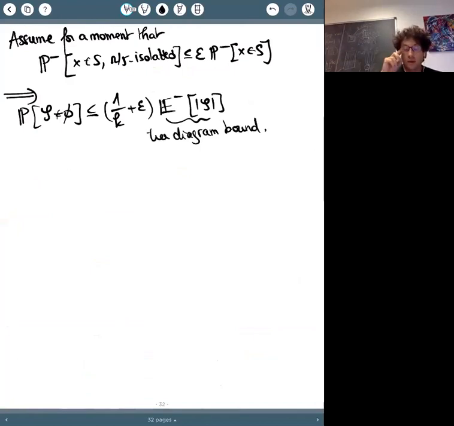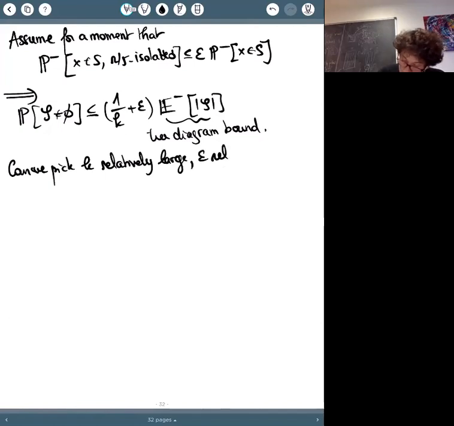So the game is really going to be, can we pick k relatively large, epsilon relatively small, for this to give me something good.